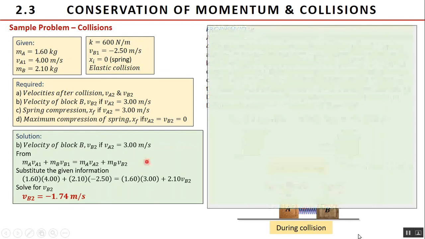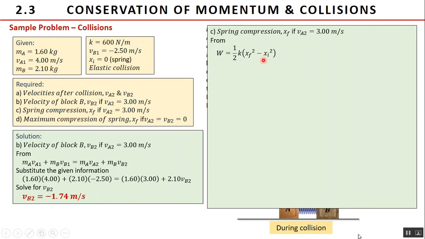For letter C, we are going to solve for the compression of the spring, X sub F, at the instant block A moves at a velocity of 3 meters per second. To solve this, we will go back to Unit 1. We know that in order to compress the spring, work must be done.